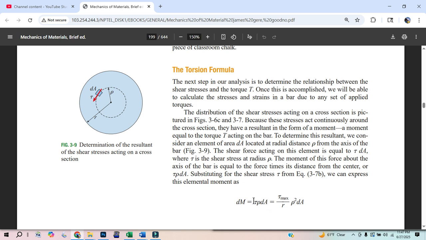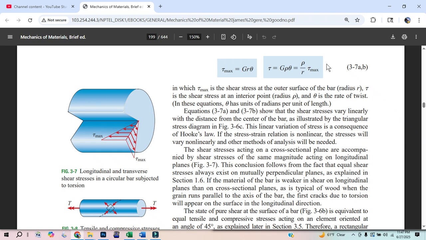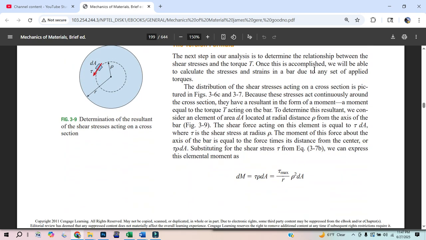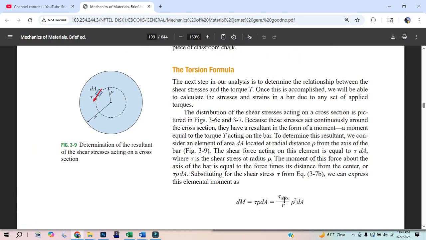But now tau varies as you go along rho, so we definitely need that equation for tau to be rho divided by r times tau max. We're going to put that in there, and that gets us to where they did it. So tau is tau max divided by r times rho, and they already put it with the other rho.